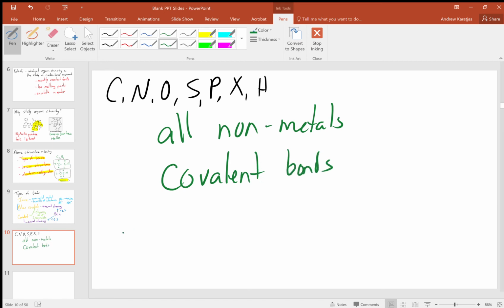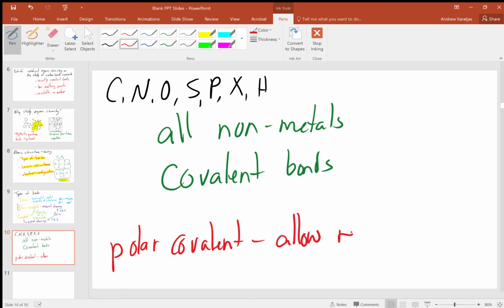And in fact, it's the polar covalent bonds that allow for most reactions to occur.